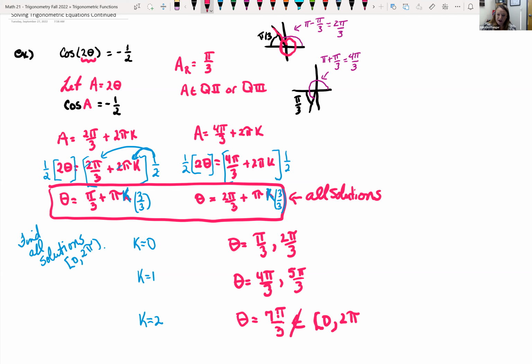So that's not part of that solution. And if I plug it into that second equation, I'm going to get that same problem because 2 pi thirds is bigger than my first equation when I was adding pi thirds. So I don't even need to look at that. And so if I was looking at just all solutions between 0 and 2 pi, I would have 4 of them.